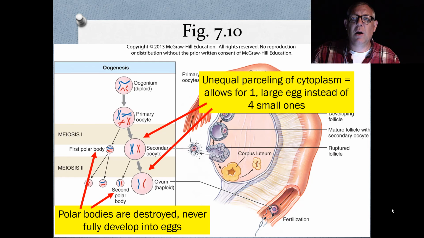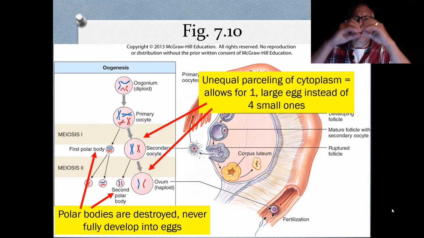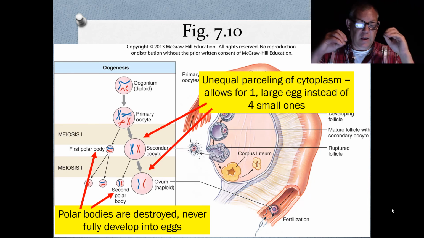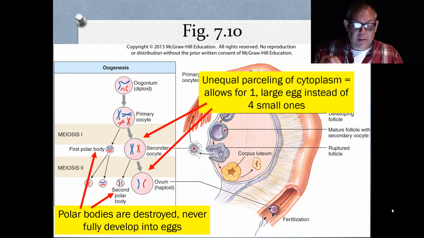But with eggs, it's not equal. At the end of meiosis 1, you have cytokinesis, but one of the cells gets most of the cytoplasm, and the other one hardly gets any. That small one is called a polar body. It just has DNA.